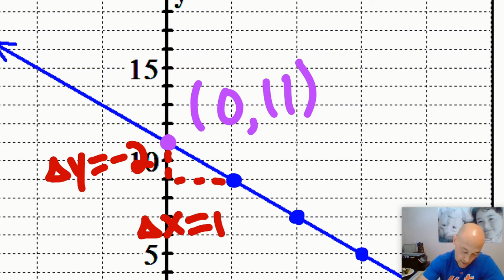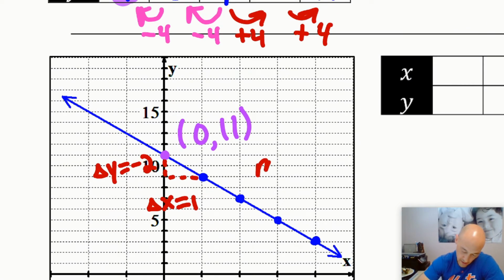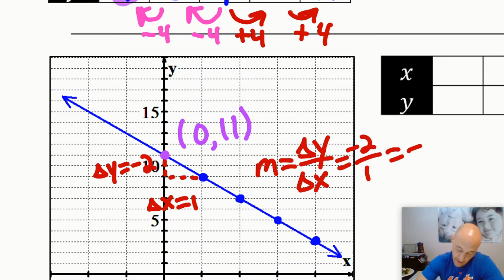It's going down by 2. So delta x, I have to move to the right 1 unit to get from here to there. And my delta y, I have to go down 2 units to get from here to there. Okay? So my slope is delta y over delta x, which is -2 over 1, which is -2.